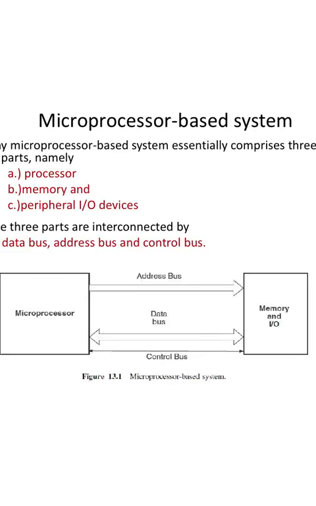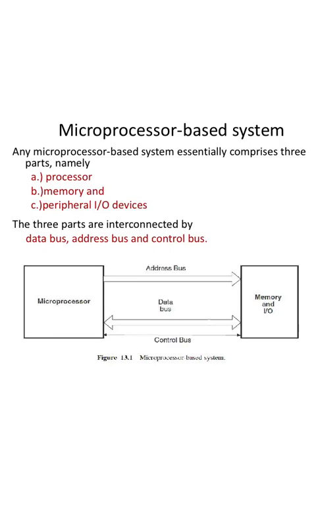Microprocessor based system. Any microprocessor based system essentially comprises three parts, namely processor, memory, and peripheral input-output devices. These three parts are interconnected. So how are the microprocessor and input-output peripherals connected?